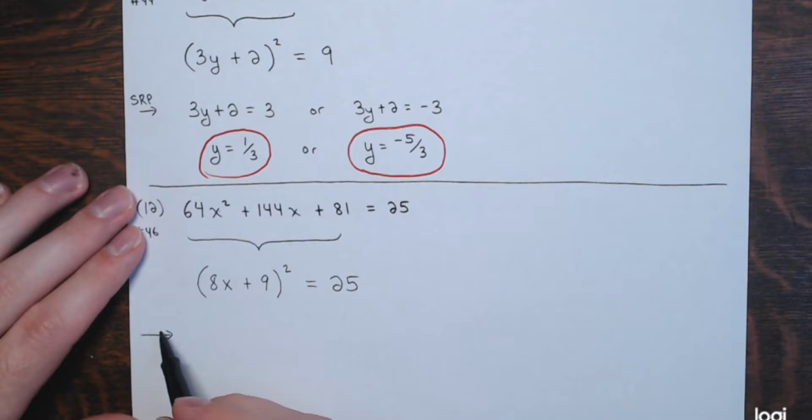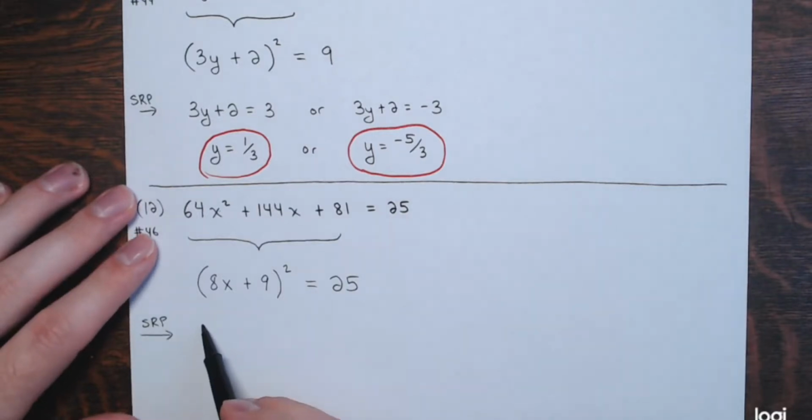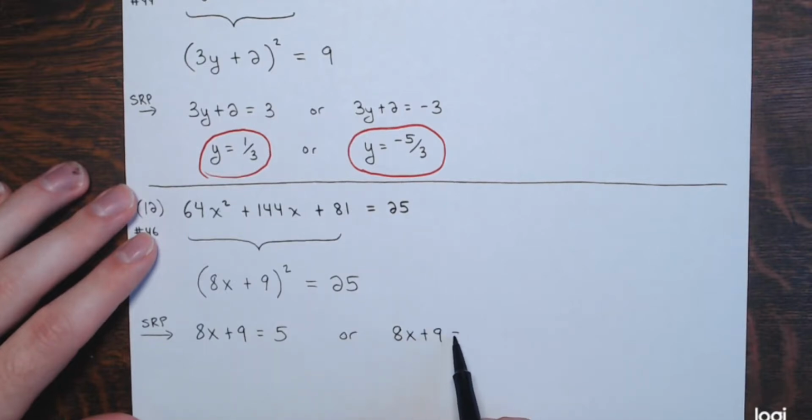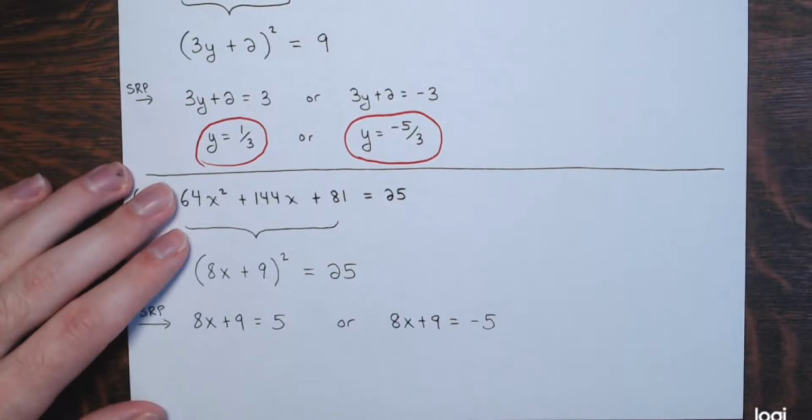So now I'm applying the SRP, the square root property. So 8x plus 9 is either the positive square root of 25, which is positive 5, or 8x plus 9 is the negative square root of 25, which would be negative 5. And I solve each of these.